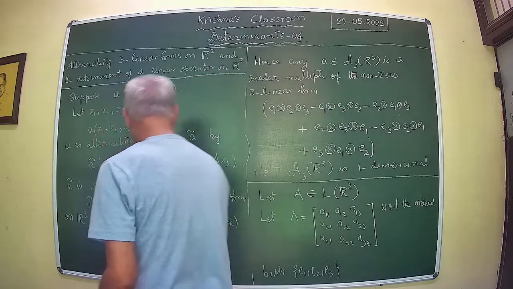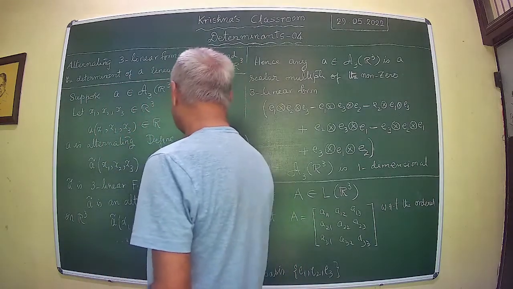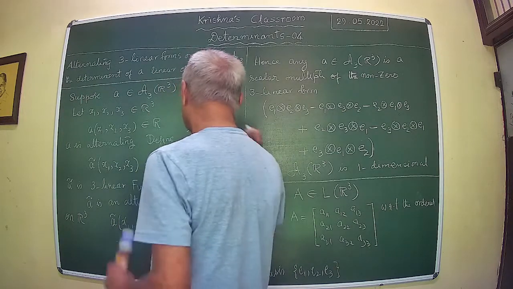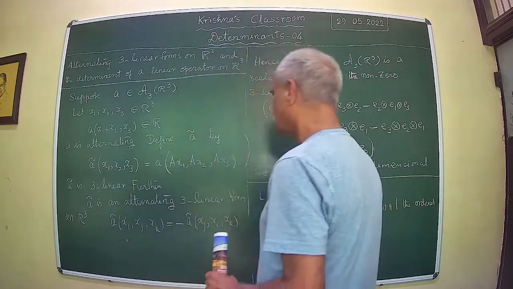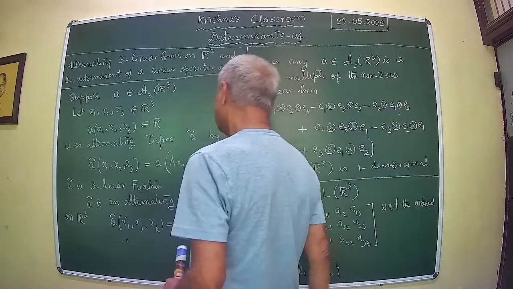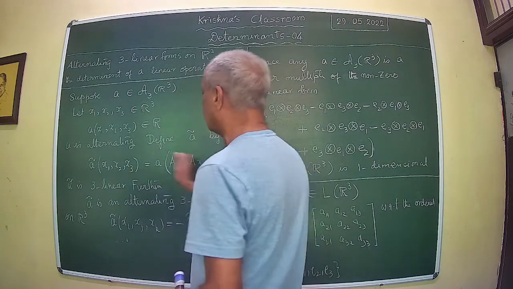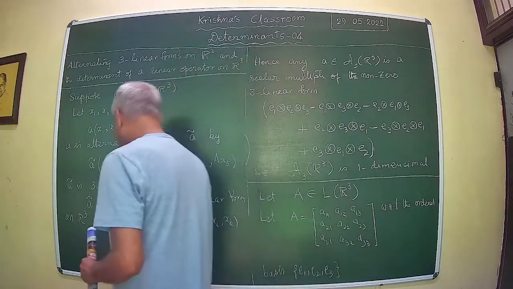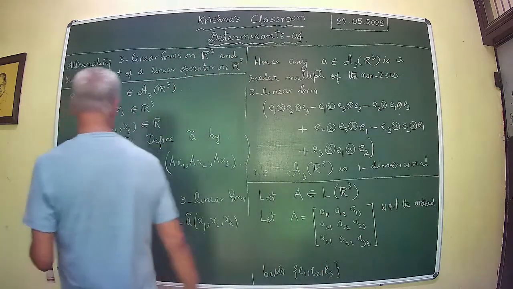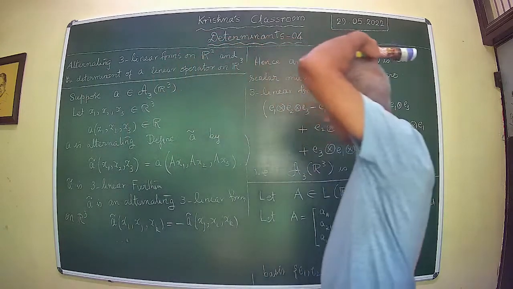Now this can be easily verified because it comes from the corresponding property of A, with arguments Ax1, Ax2, Ax3. You can easily verify this. Okay. So A tilde is an alternating three linear form.